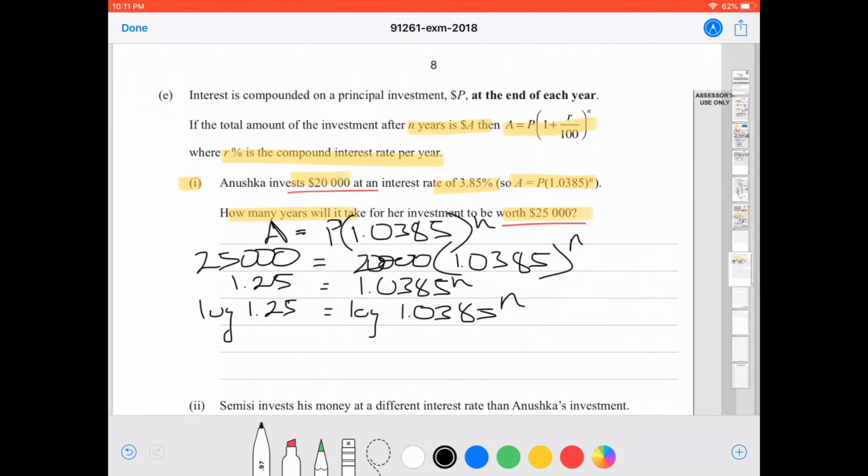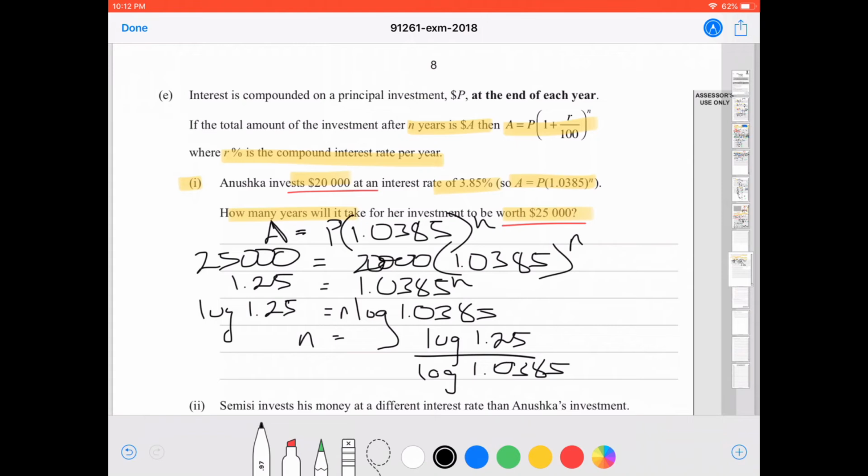And actually this could be rewritten, knowing our log rules. This power of n can be rewritten as n log. I've skipped a step there, just to save us a bit of time. Hopefully that makes sense. At this point we can say n equals log 1.25 over log of this number 1.0385.